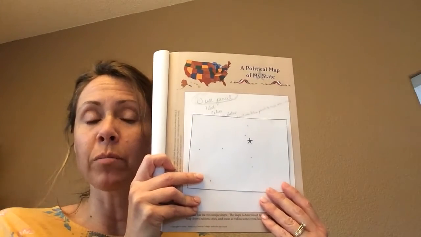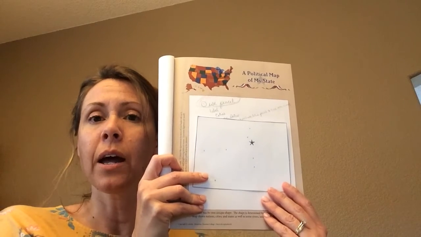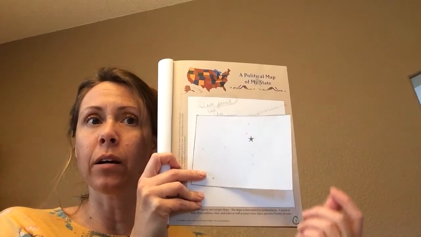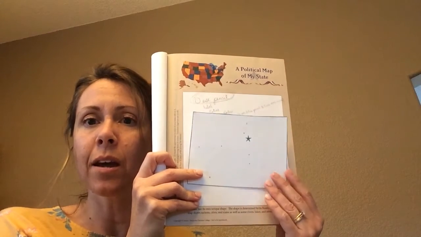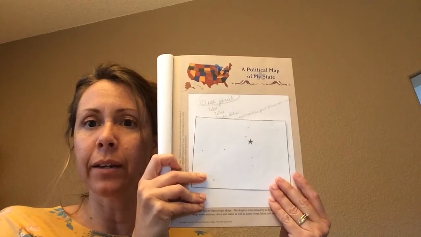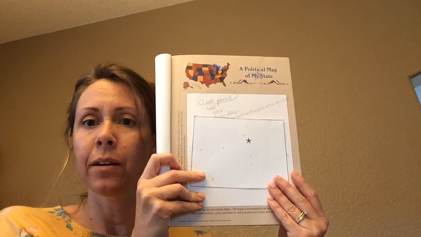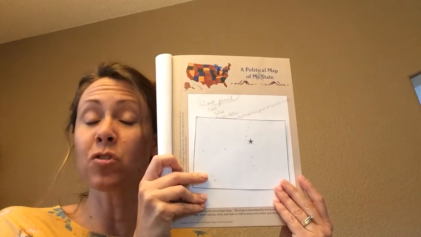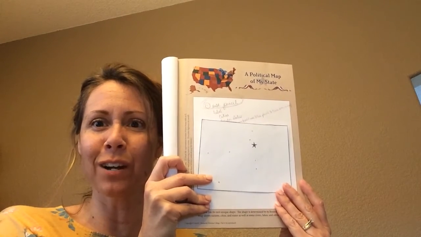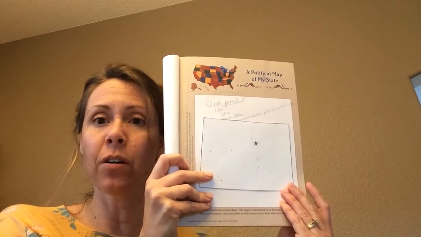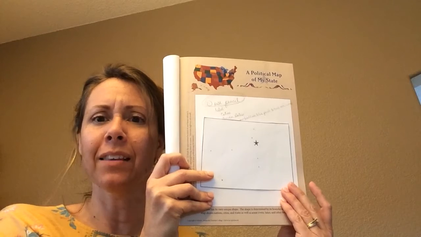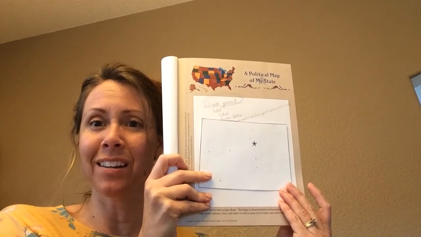You can use your ruler. Remember when we talked about drawing a map, you're going to use very light lines. So make it about that big. Very light lines, and that's what you're going to do right now. You can pause the video to take your time and then unpause it when you're ready.